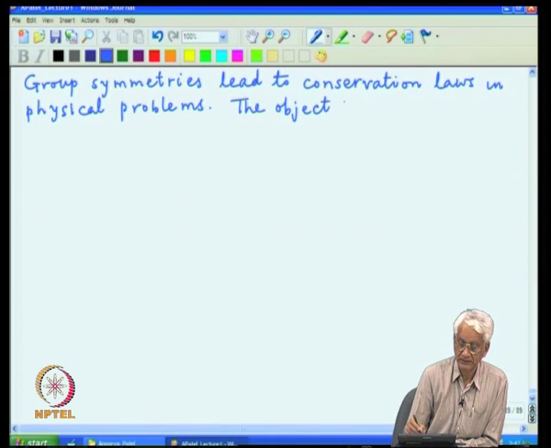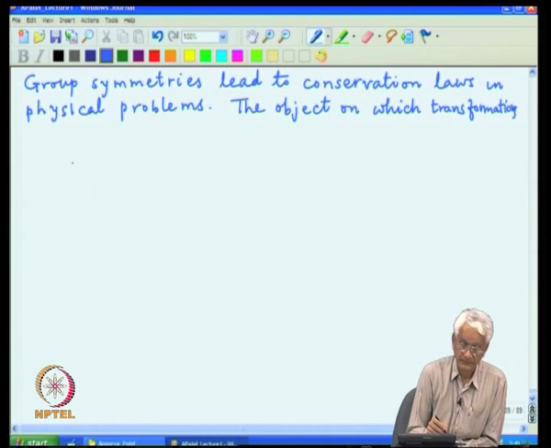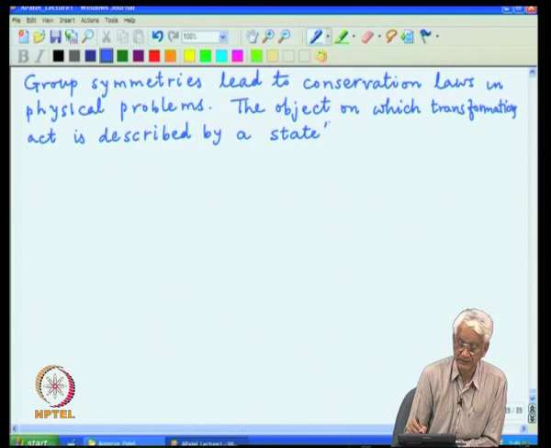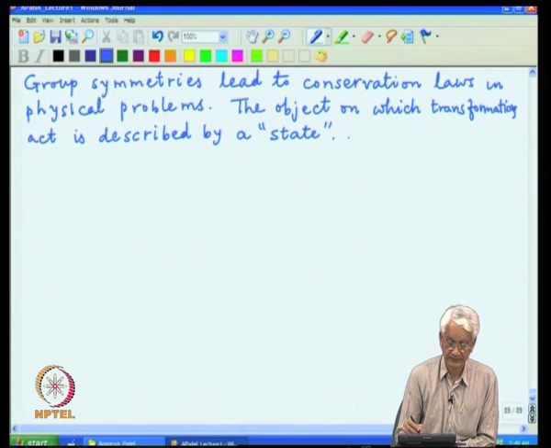So, the object on which transformations act is described by a physical state, and the transformation is an operator that acts on the state.